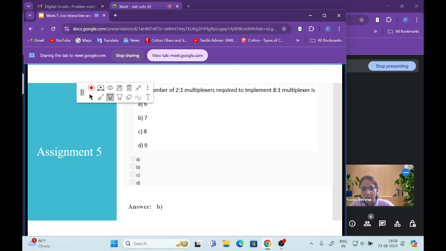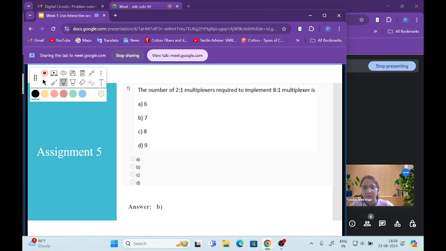So the first question is: the number of 2:1 multiplexers required to implement an 8:1 multiplexer is. So how many 2:1 multiplexers are required to implement an 8:1 multiplexer? Option A is 6, option B is 7, option C is 8, and option D is 9.